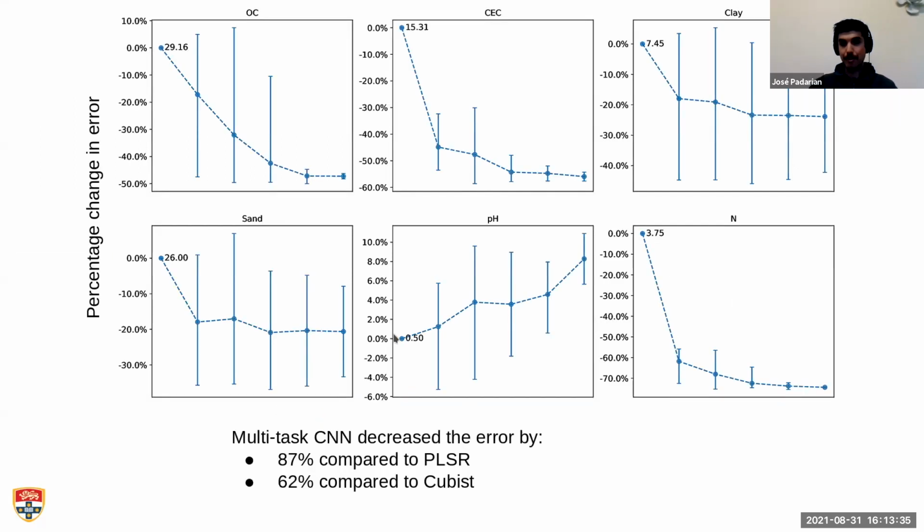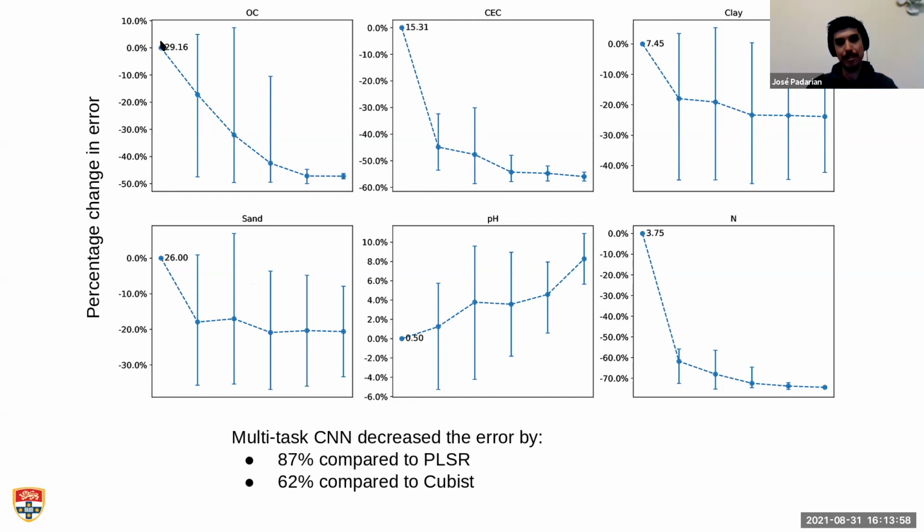So the idea here is to predict multiple properties simultaneously to see if we actually can exploit the relationship between these soil properties. And we did find there was a good advantage of using different properties. You can see here, moving from left to right, we add different properties.